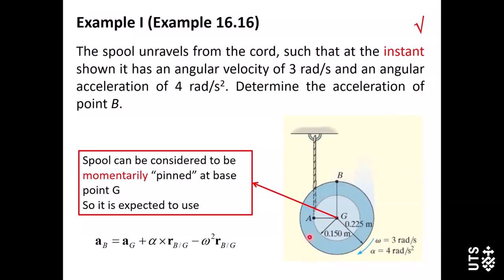For a spool and a cord, normally we assume between this cord and the spool, no slip occurs. So this means this contact point A must be an IC point.